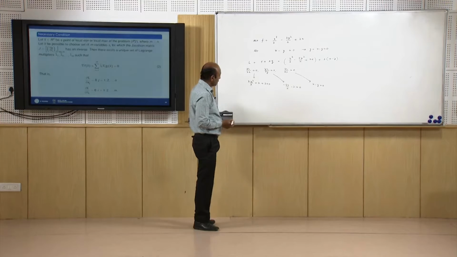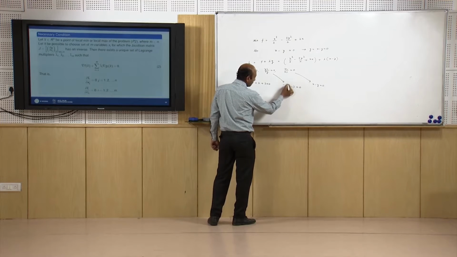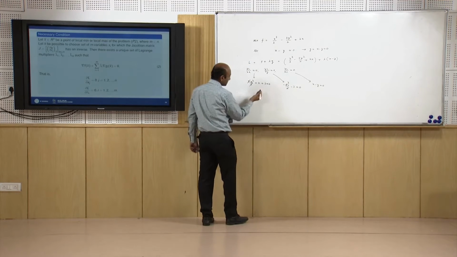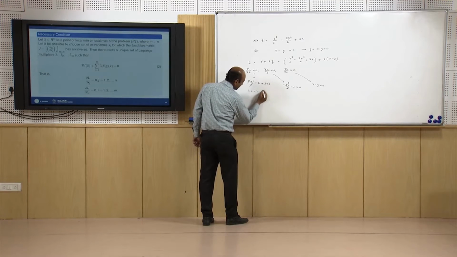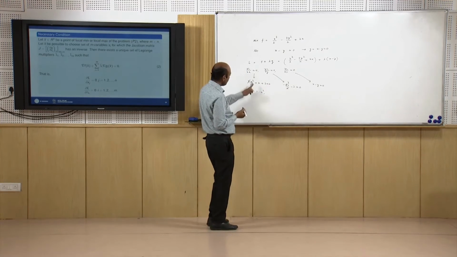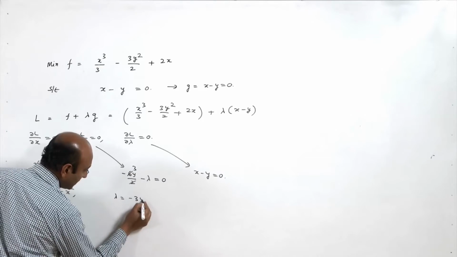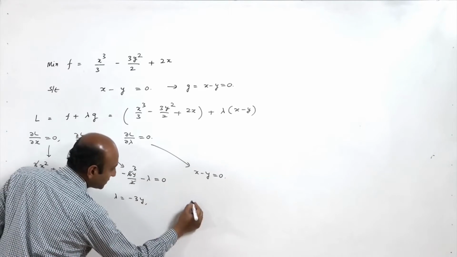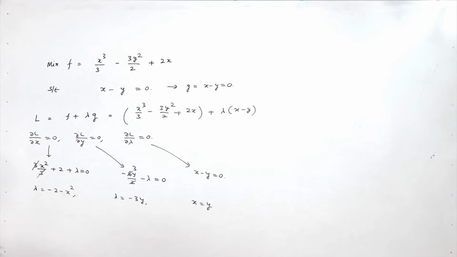So, what we obtain from here: 3 and 3 cancel out, here 2 and 3 times cancel out. So, lambda will be equal to minus 2 minus x square from here. From here lambda must be equal to minus 3y, and from here x is equal to y. So, you substitute x equal to y and lambda equal to lambda.